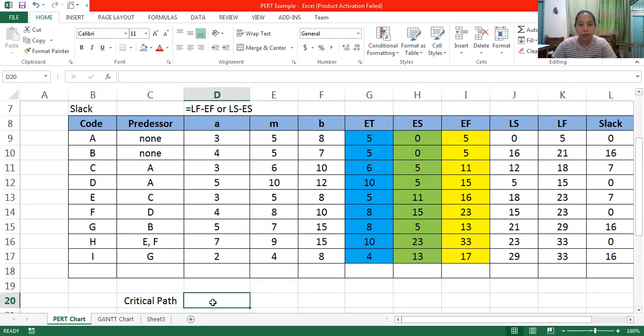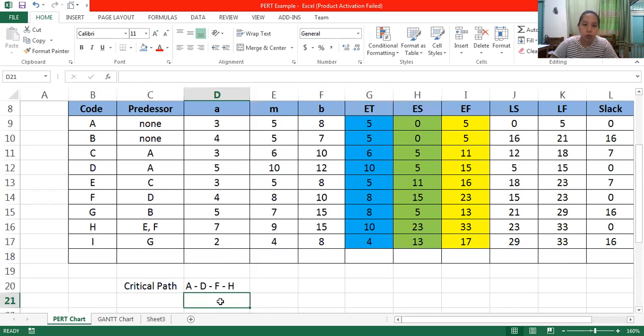We have A, then D, then F, and then H. These activities are critical. They must not be delayed. The project manager should be aware that for these activities the schedule should be very strict. If you're going to finish in 10 weeks, then you have to finish in 10 weeks so that the installation or delivery of your system is not delayed.